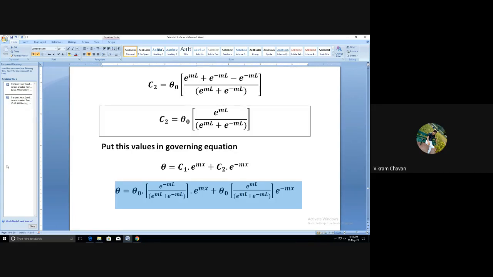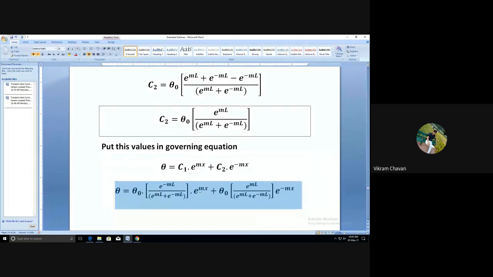Once you put these values in the equation, you can multiply e raised to mx inside the bracket. The base is constant, that is nothing but e in both cases, so we can add up the rest of the factors. So e raised to minus ml is there and e raised to mx is there.